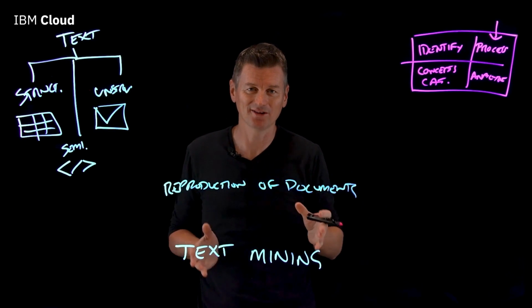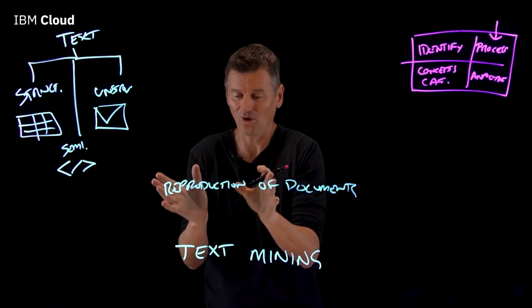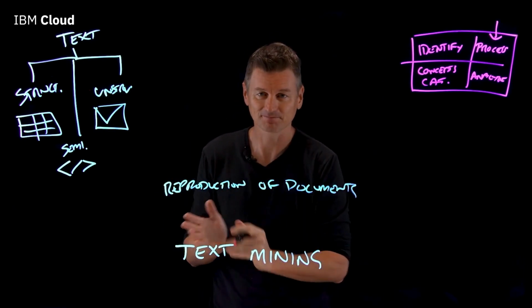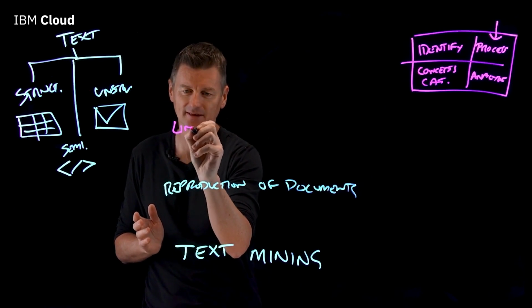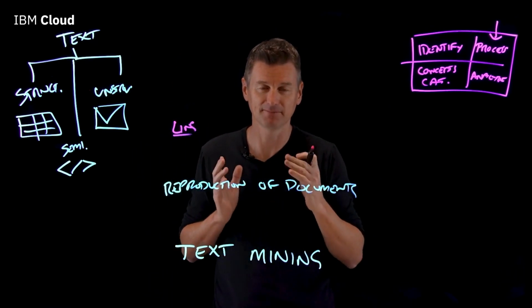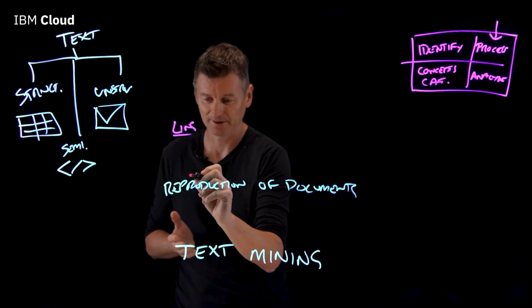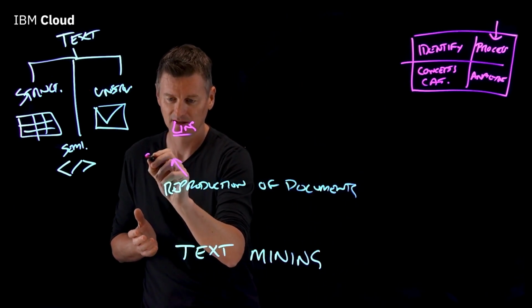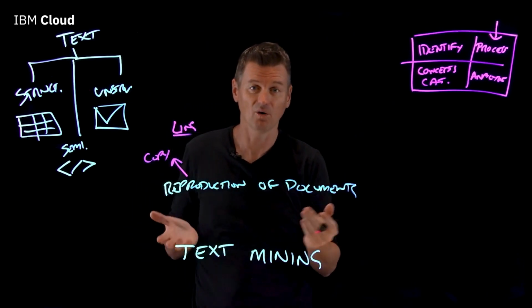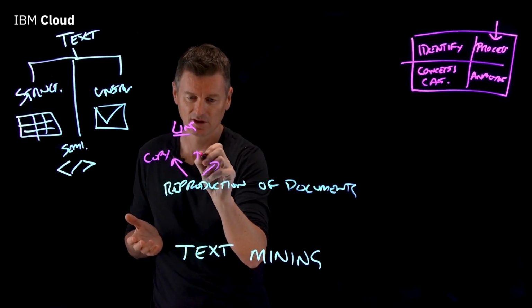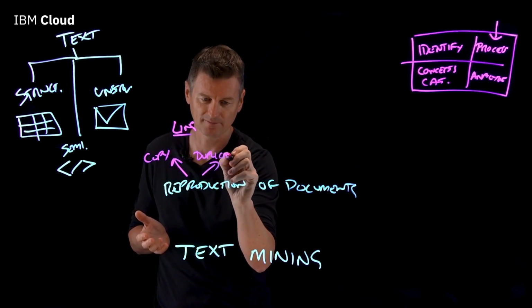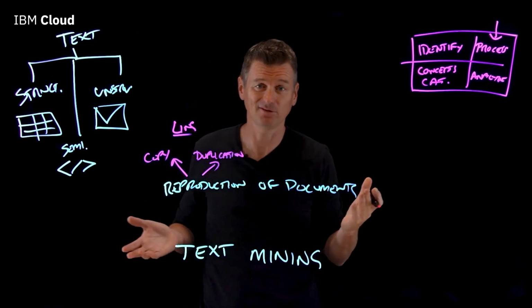What other words would be synonyms for reproduction? Well, a linguistics-based text mining model might suggest a couple of words for reproduction, like copy, or it might suggest duplication. And those look good.